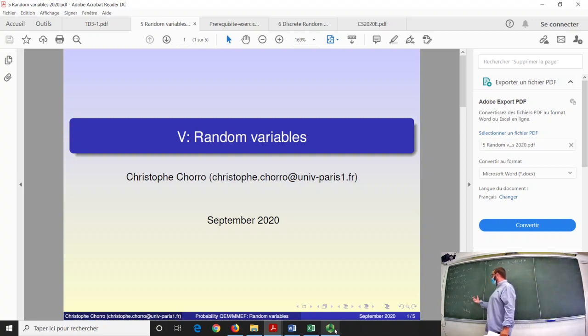And if I obtain 1 or 6, I can say minus 1, it's a negative profit. So the set of the possible values here are minus 1, 0, 2. I have these three possibilities.